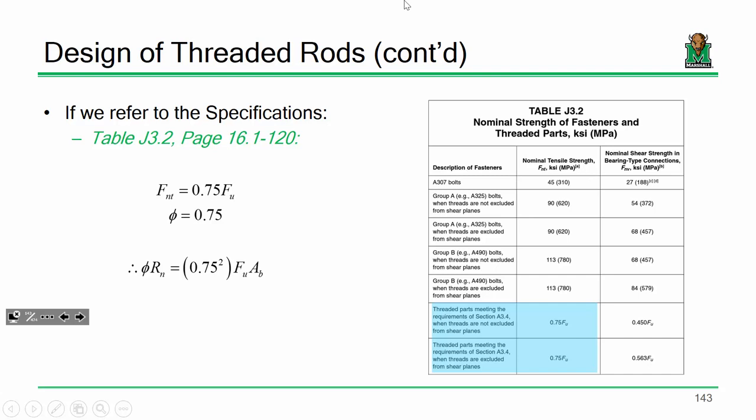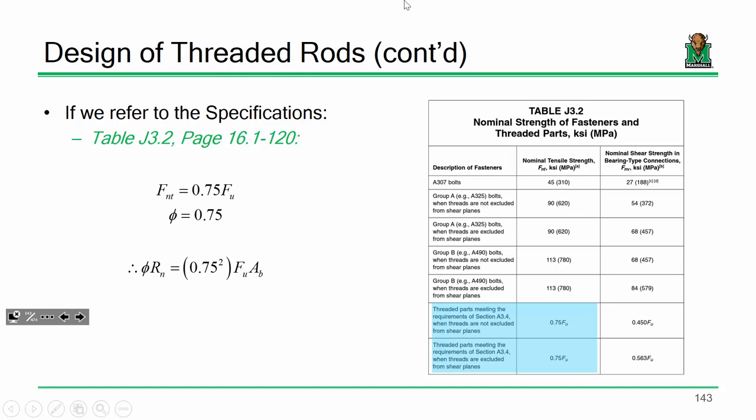Now we're going to be talking about that next time, but notice we've got delineations between the center column, which is nominal tensile strength, and on the right, nominal shear strength. For most of the connections we've been looking at, are the bolts experiencing tension or shear? Shear.